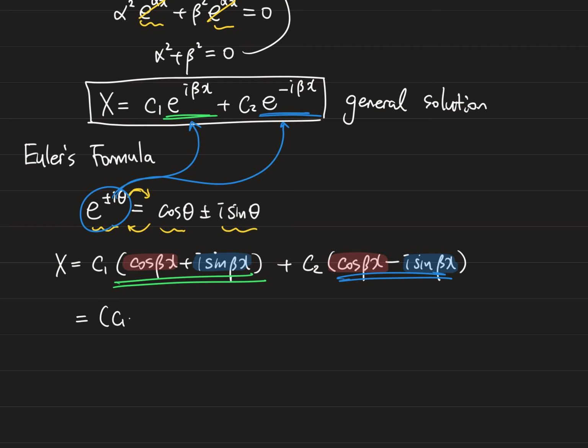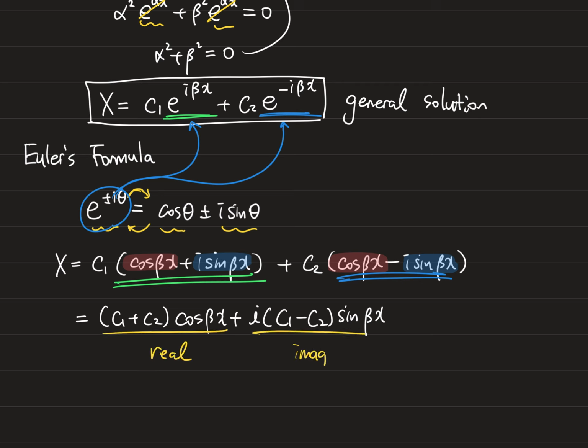So we have (c1 plus c2) cosine beta x plus imaginary i (c1 minus c2) sine beta x. So it is more like a complex number, with a real part and an imaginary part.